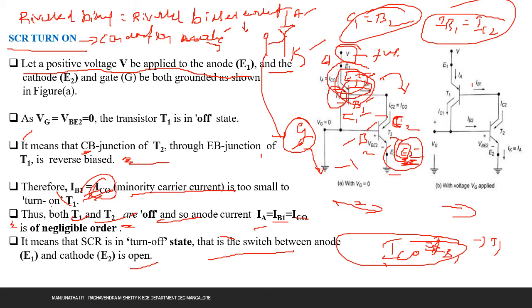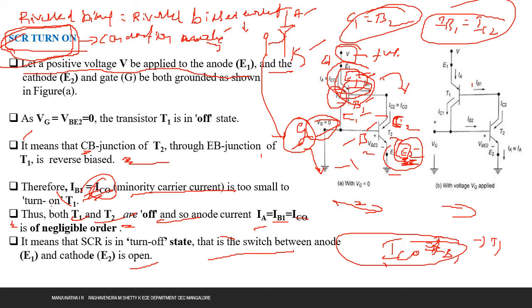But what is our intention? Here we want to make the SCR turn on. Please remember, here we want to turn on. After all this discussion, we came to know that when Vg is equal to 0, it is not possible to conduct.